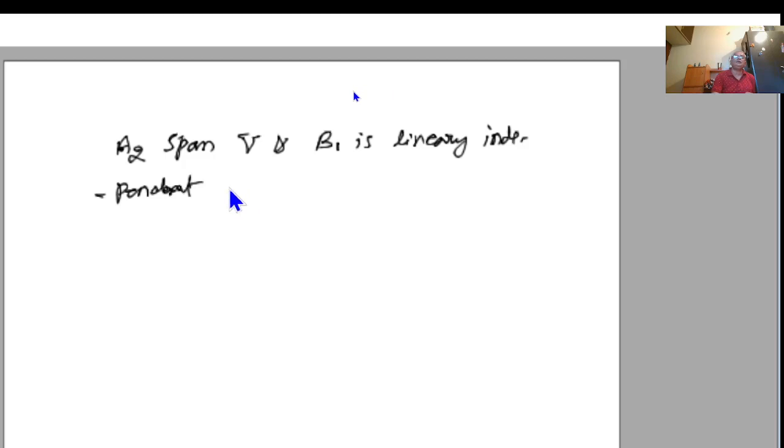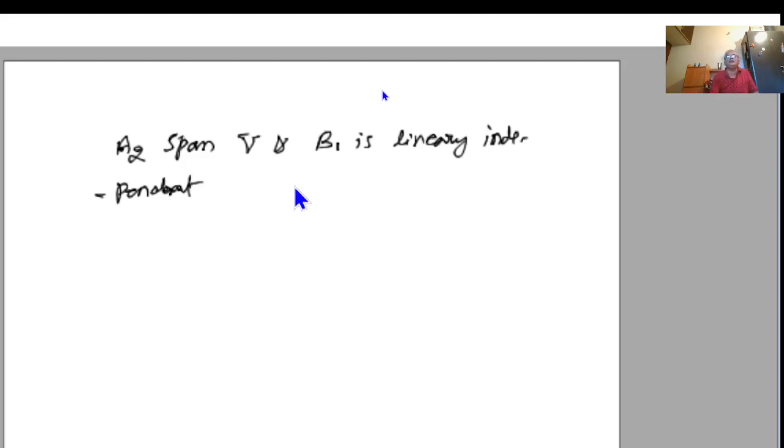So I have included one beta in the set and deleted one alpha. That means for every beta there exists one alpha. How many betas are there? Totally R betas, since the set B consists of R vectors. Therefore, there must be at least R alphas. This implies n is greater than or equal to R.